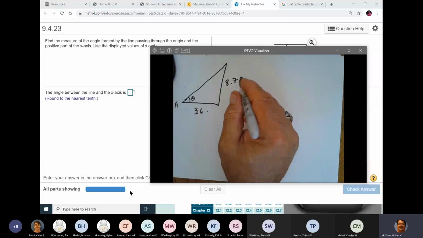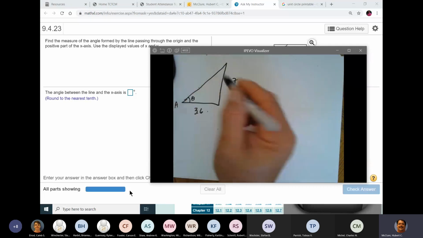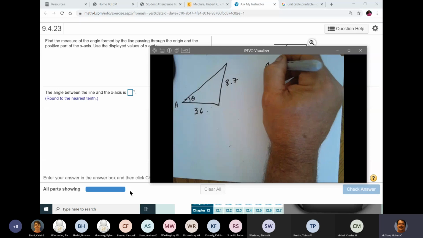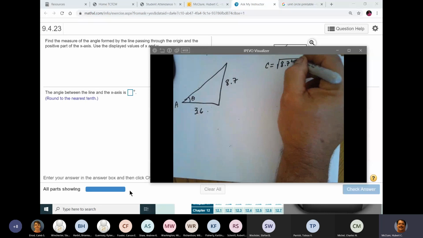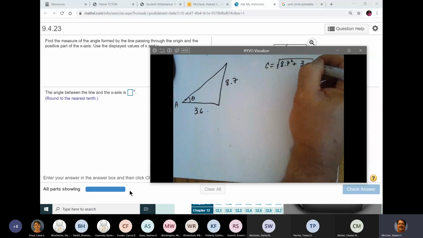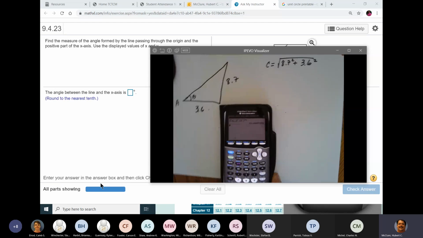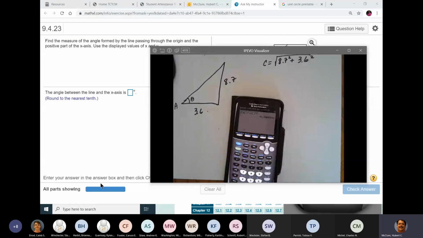Let's go ahead and get our hypotenuse. So C is equal to the square root of 8.7 squared plus 3.6 squared. So let's take our handy dandy calculator. I'll just show you that I'm using my phone because I don't want to have to go back and forth.